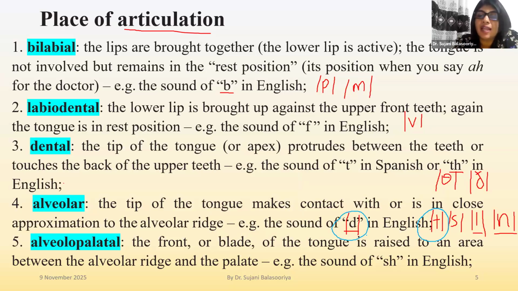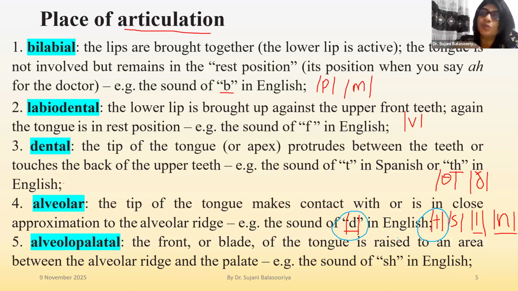Now, these T and D are alveolar consonants in British Standard English pronunciation. For the native English speakers, Britishers, they are alveolar consonants because they produce these two sounds by touching the alveolar ridge with the tip of the tongue.